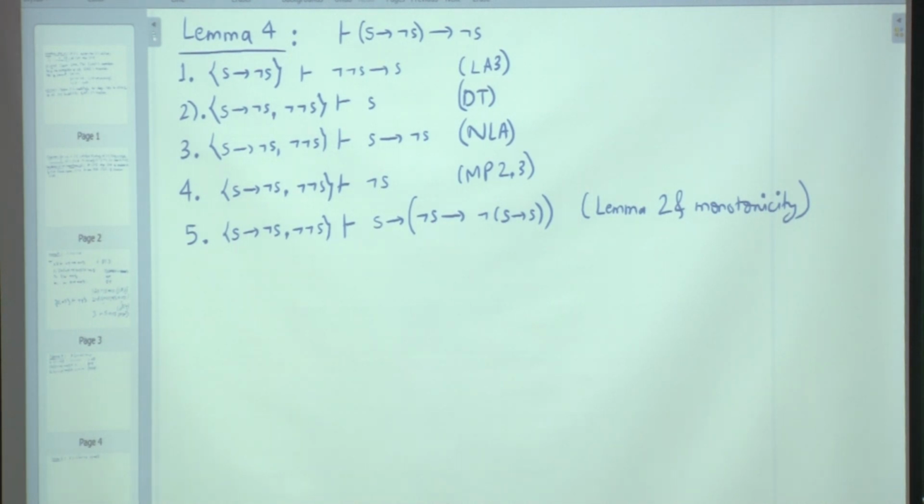Now I'm just going to skip step 6, complete it, and directly conclude negation S implies S. It's 2 times MP, and then what?